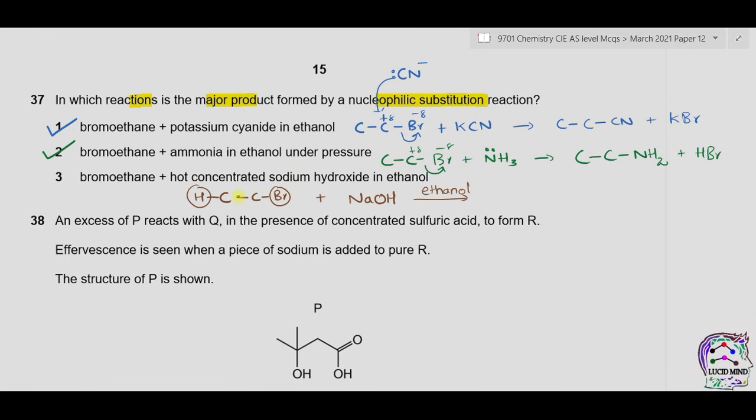The product formed will be an alkene, and it will form NaBr and H2O. So this is not a nucleophilic substitution reaction, this is an elimination reaction. So third is incorrect. As the first 2 options are correct, the answer is B.